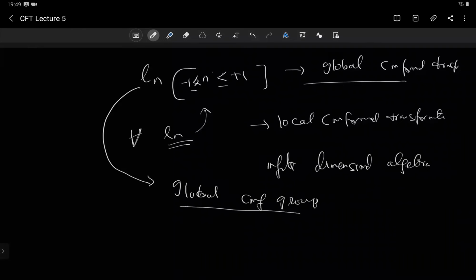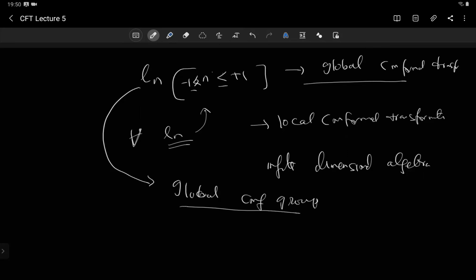So you have an infinite dimensional symmetry algebra, but the symmetry group is finite dimensional, which is the global conformal group. It is defined everywhere, so you can take inverses, and you can multiply them together at any point and so on.